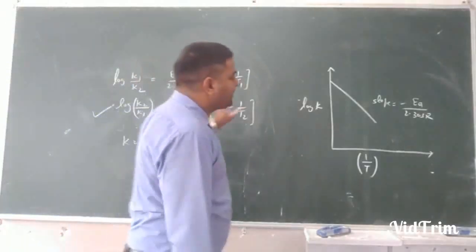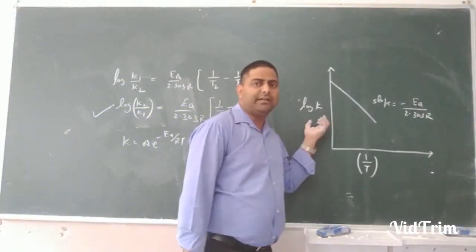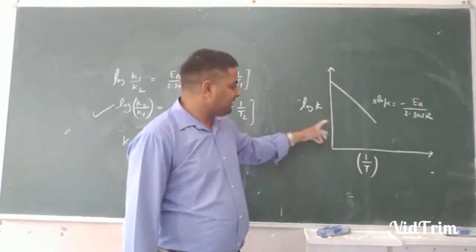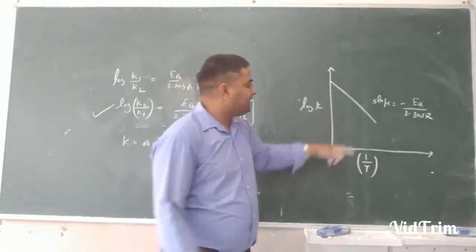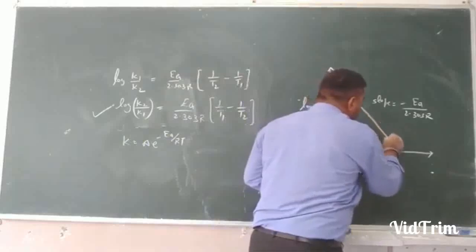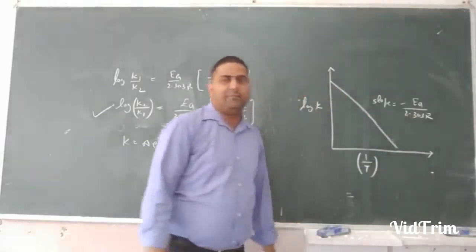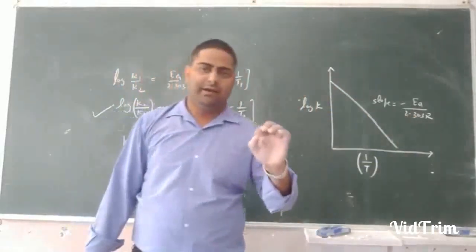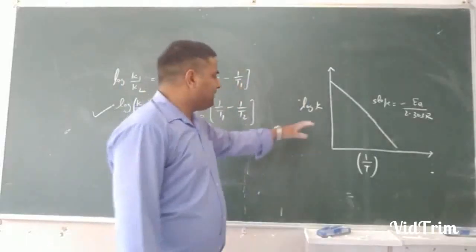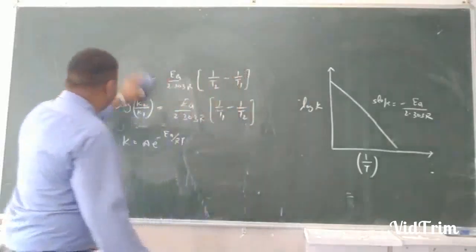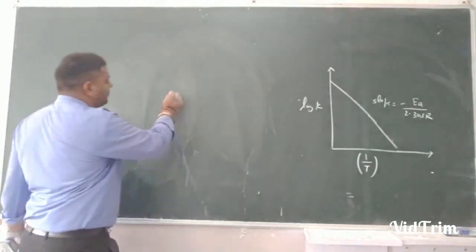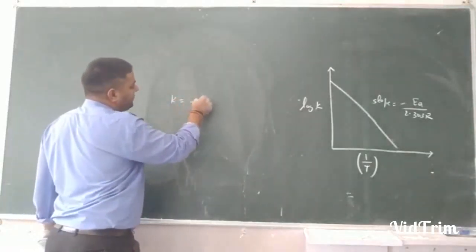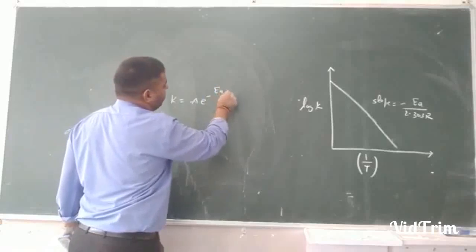Now, when we plot a graph between log K, that is the logarithm of the rate constant, and 1 upon T, we get a straight line having a slope of minus Ea upon 2.303 R. This one we have derived. We know K equals A e power minus Ea upon RT.